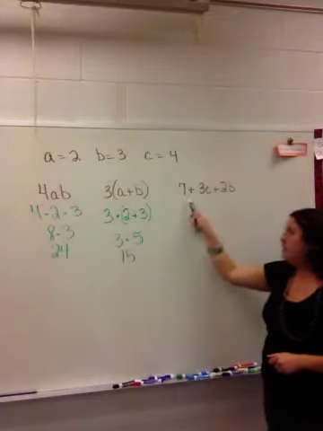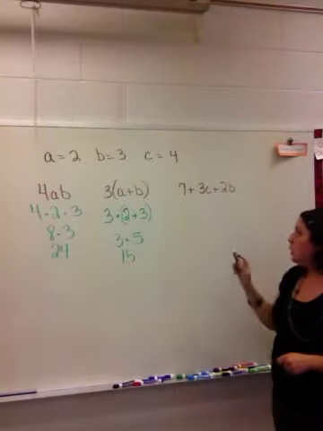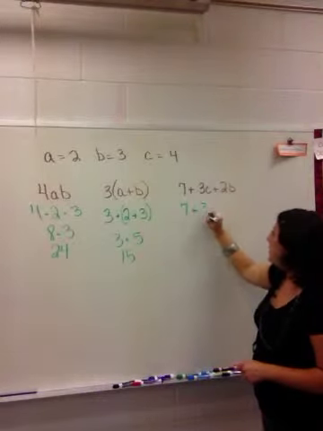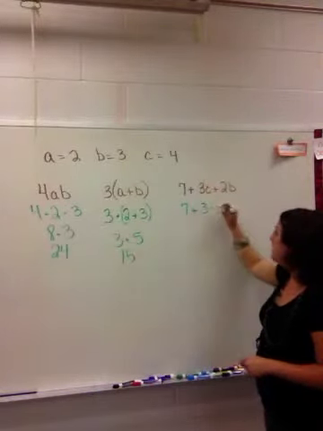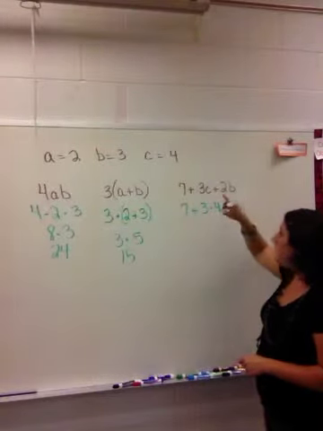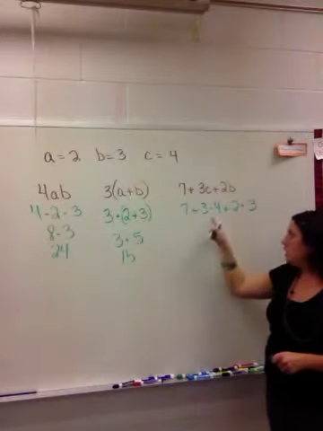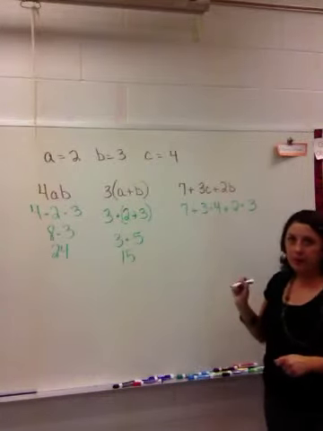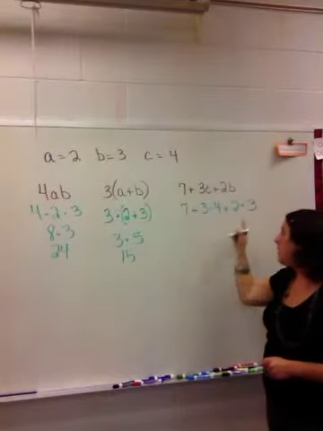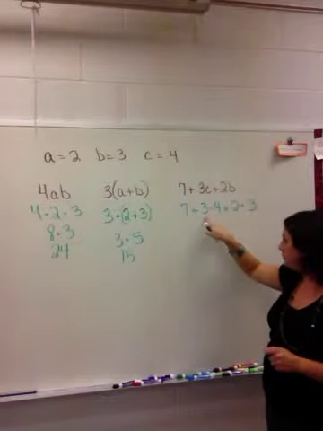Now, let's look at this one: 7 plus 3c plus 2b. Well, let's substitute in our variables. 7 plus 3 times c, which is 4, plus 2 times b, which is 3. So if I look at this, I can't just solve it left to right, because the order of operations tells me that I have to do all of my multiplying before I do any of my addition.